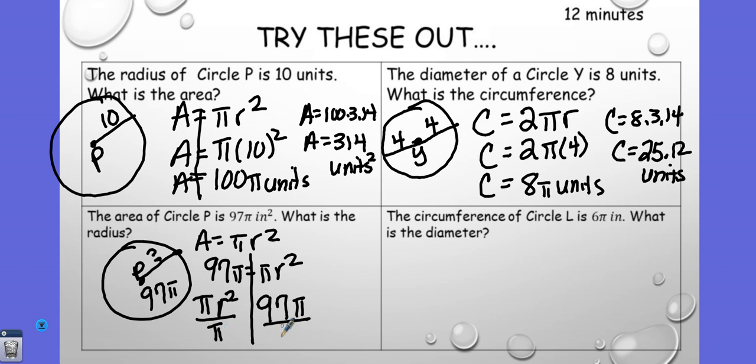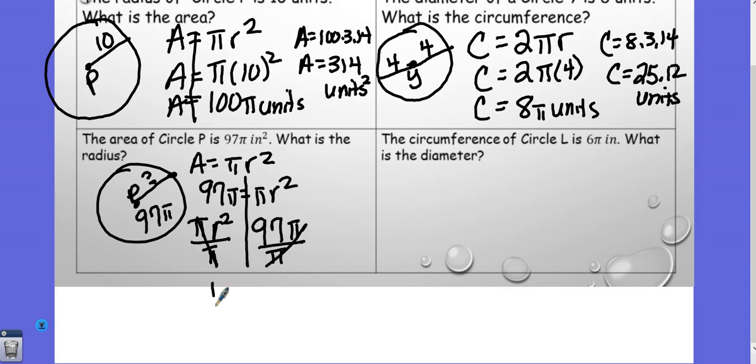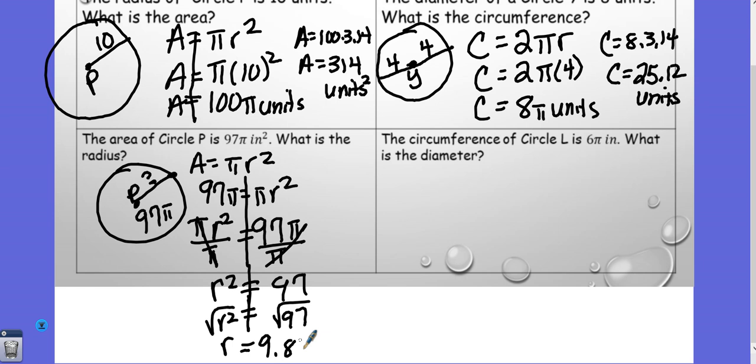Divide by pi, divide by pi. This goes away and we get r squared equals 97. And then we're going to take the square root of r squared, square root of both sides, so r, which is 9.84. So that's our radius. We answered the question.